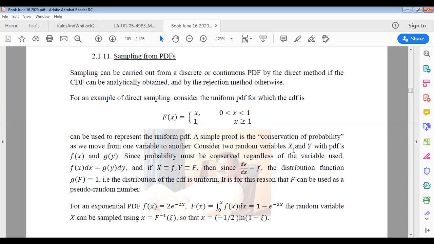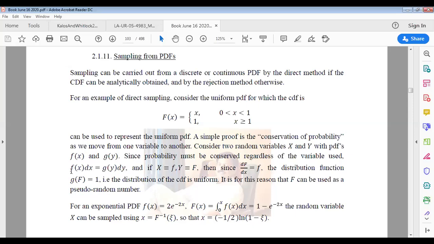I'm going to call the PDF of x fx, and the PDF of y gy. I'd like to work in the x variable, and you might want to work in the y variable. Just like in school, some of us worked in the energy variable, some of us worked in the speed variable, and we said E is equal to half mv squared. So we said dE and dV are related to each other.